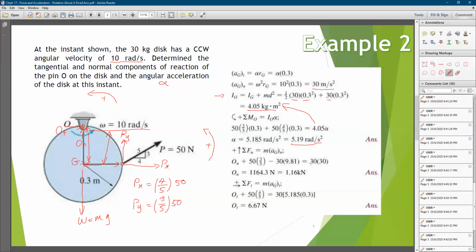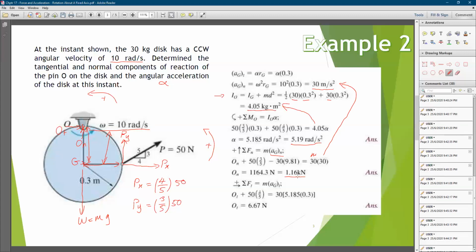That is equal to m times the normal acceleration of the disc, which we already obtained, 30 meter per second squared. Then you can calculate the normal reaction at pin O.